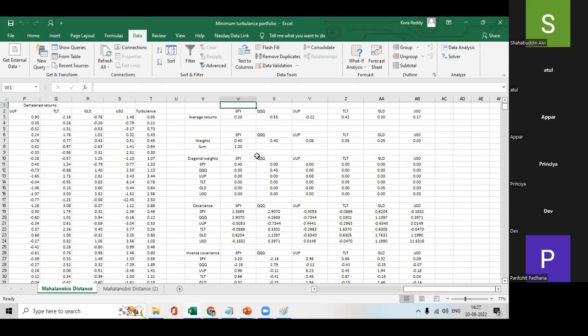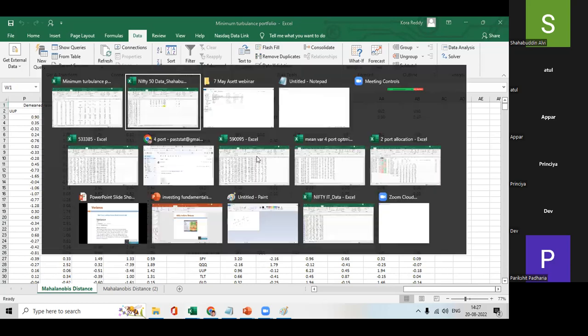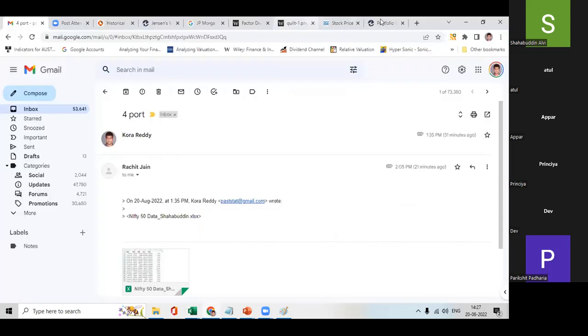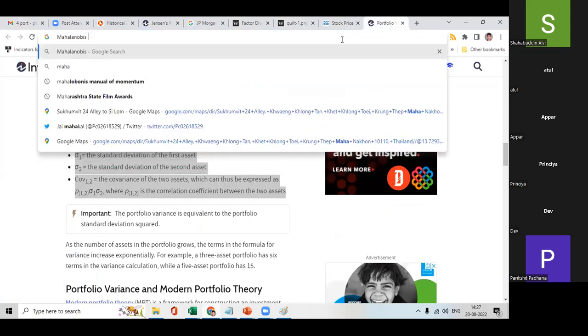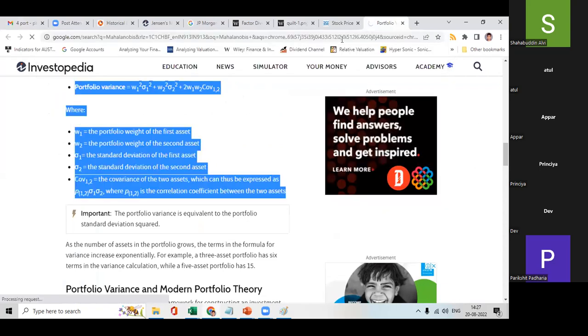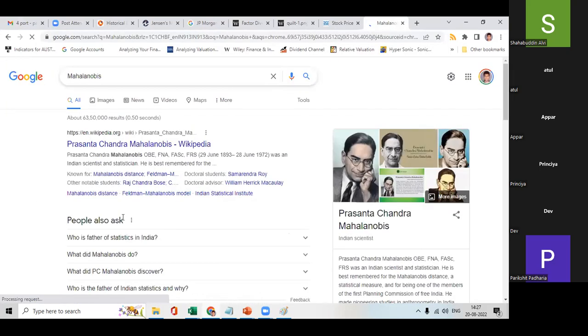This is basically an application of our Indian statistics guru. How many of you have heard about him? Yeah, I heard it via your manual of momentum.